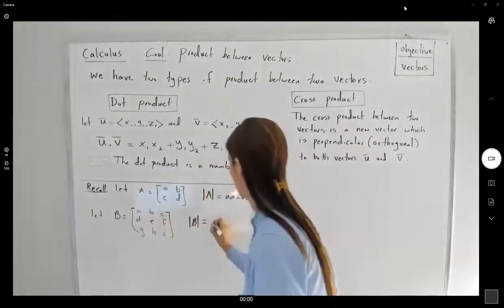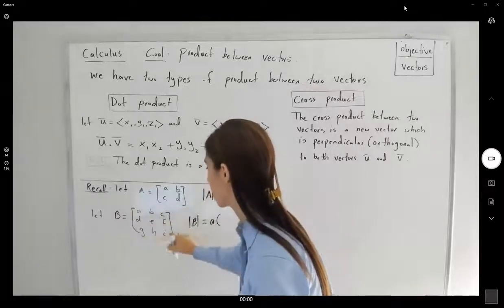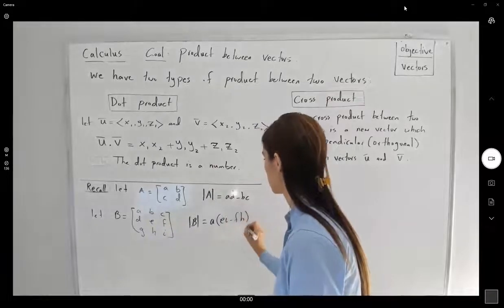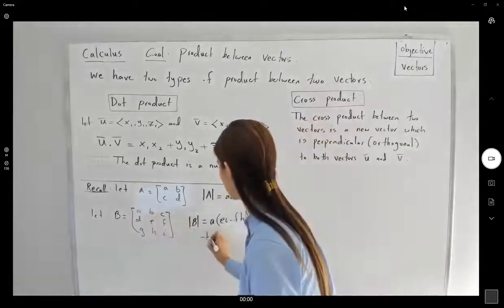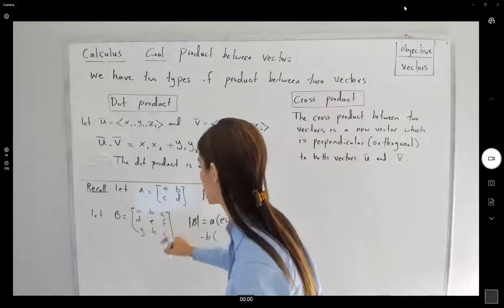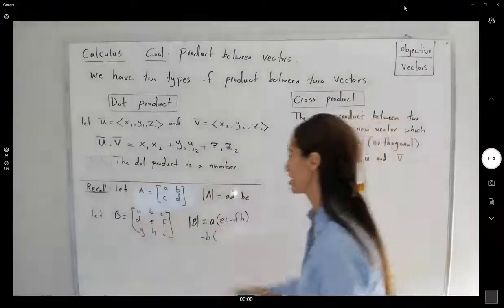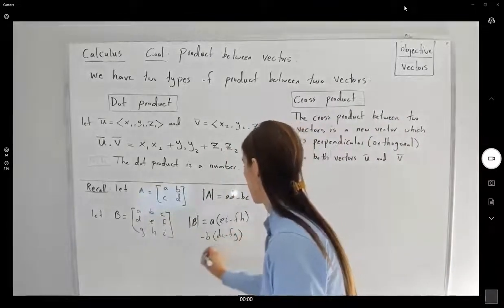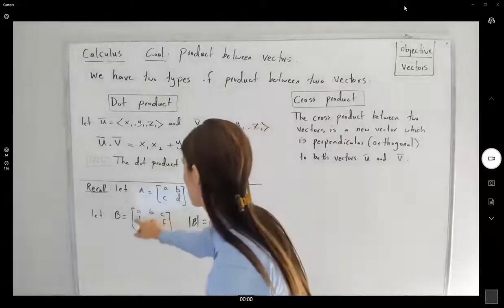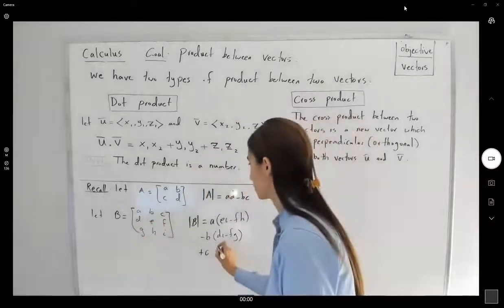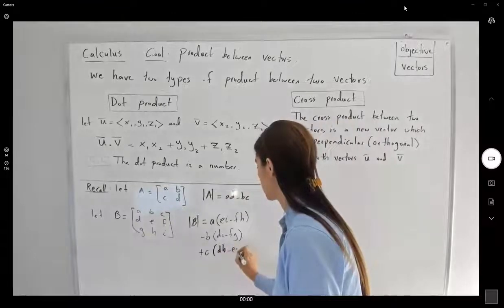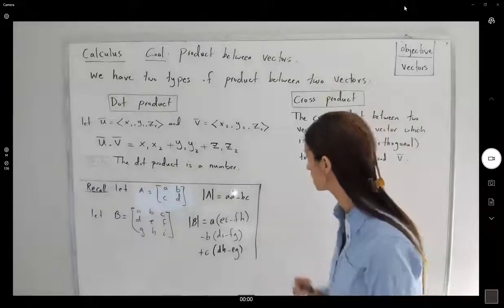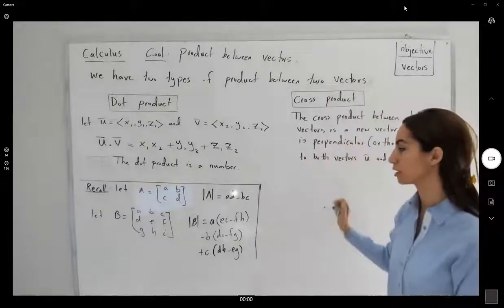Here we have a times the determinant of this submatrix, ei minus fh, minus b times the determinant of this small submatrix, di minus fg, and finally plus c times the determinant of this submatrix, which is dh minus eg. So we're going to use the determinant of the 3 by 3 matrix to define the cross product.